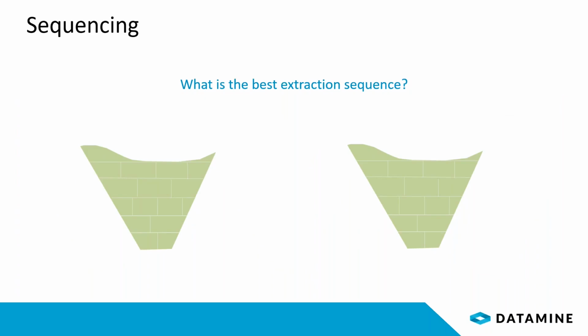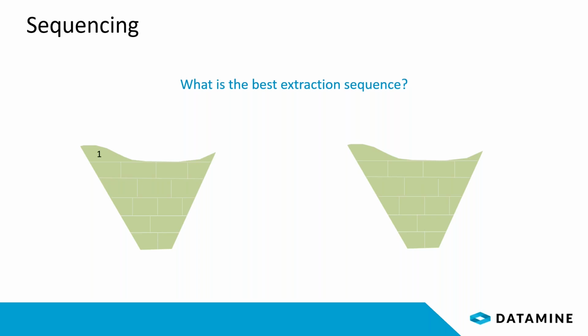All right, but that's just the input. The big question that we're all interested in answering today is, given a certain dataset, which includes mining blocks, attributes, and dependencies, as we have seen, what is the best extraction sequence?